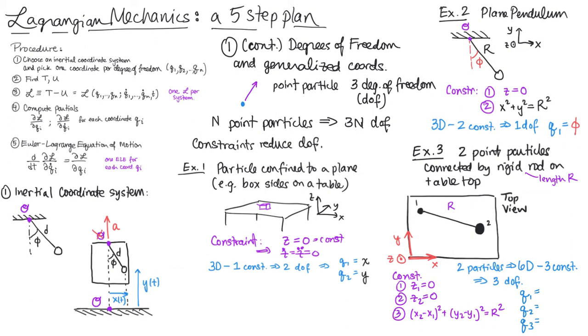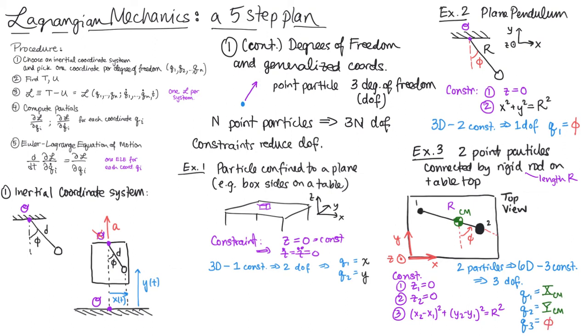And here it's very convenient to think about the center of mass of the system and the position of the center of mass of the system. So Q1 and Q2 could be the x and y coordinates of the center of mass. And then the 3rd coordinate could be this angle of the dumbbell relative to some reference position.